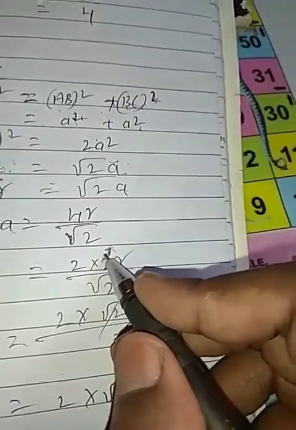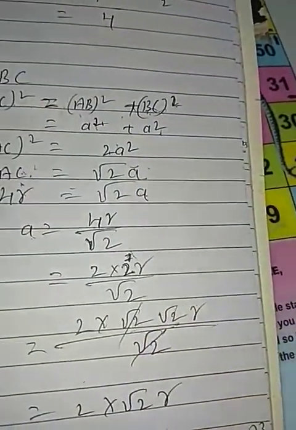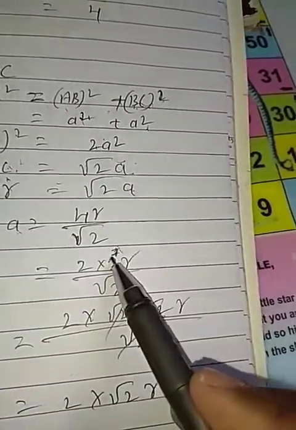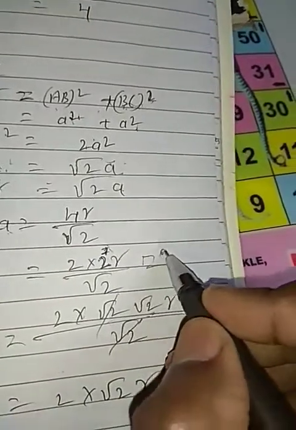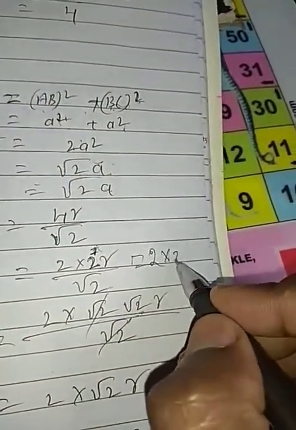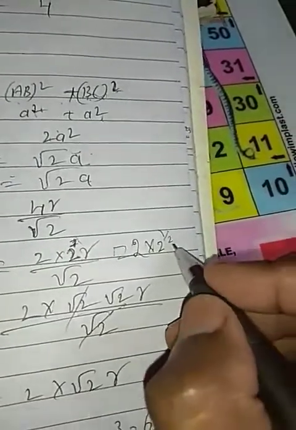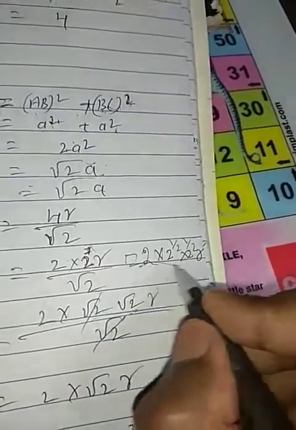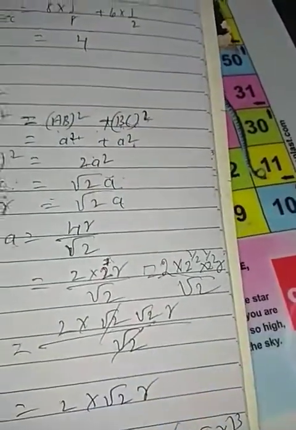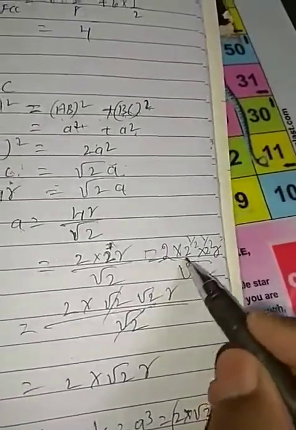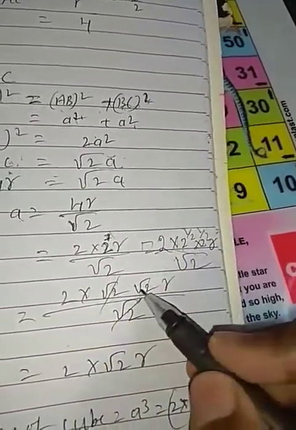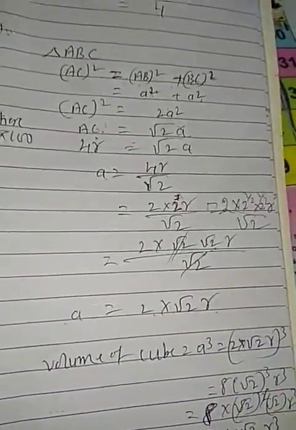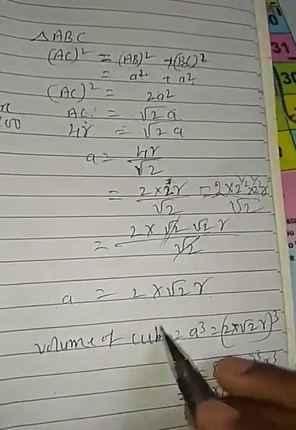So 2 into 2 to the power half and 2 to the power half R by root 2, right, like this. Power half means root. So that's why the root gets cancelled, and we get 2 into root 2 R. This is the edge length. Right, students? This is the final edge length.